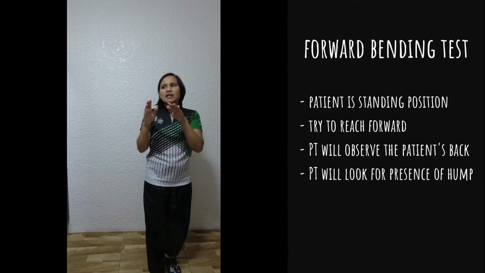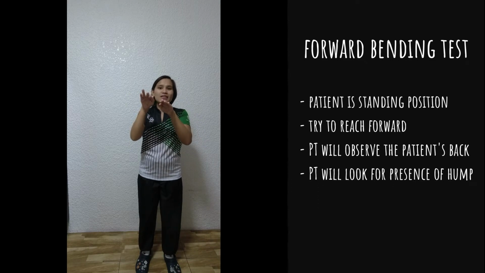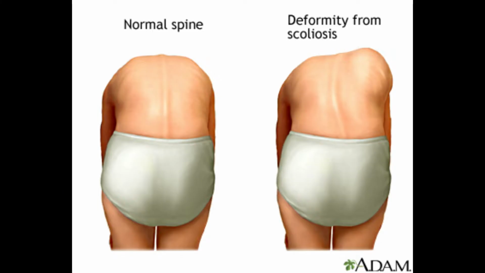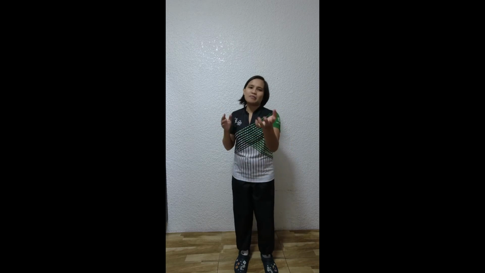Because if there is a bump on one side, that would mean that the convex side of the scoliosis is present there. That's why it is curved on that side. Alright? So I will demonstrate first a normal forward bending, and then I will exaggerate for you to observe what I am saying.